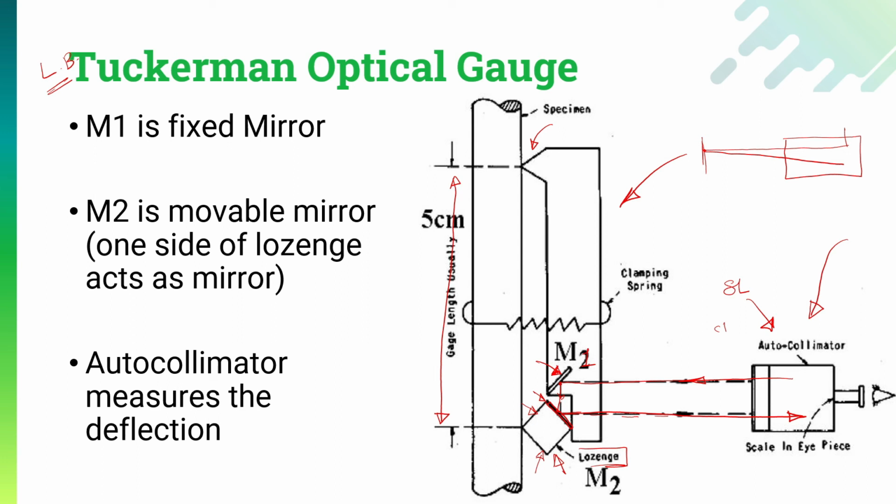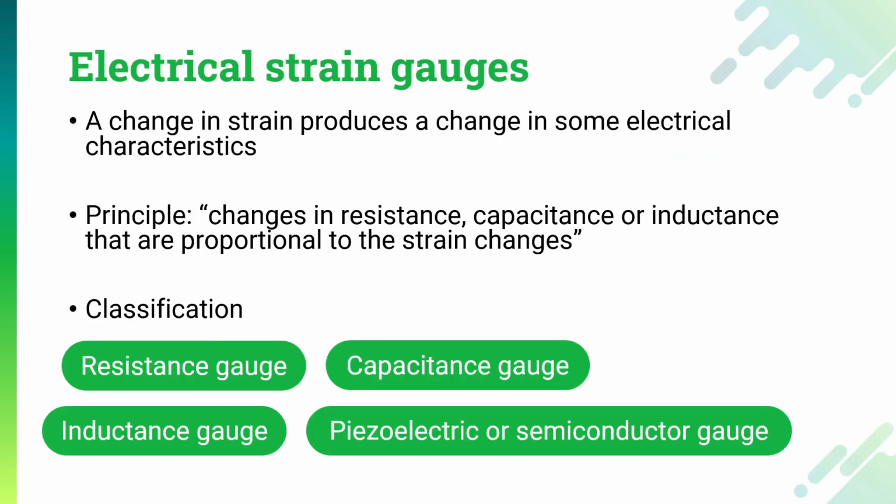Now let us check out the third variety of strain gauges, which are the electrical strain gauges. We are just going to see an introduction to the electrical strain gauges, and then we will discuss them in detail later on. The basic principle of these gauges is that a change in strain produces a change in some electrical characteristics.